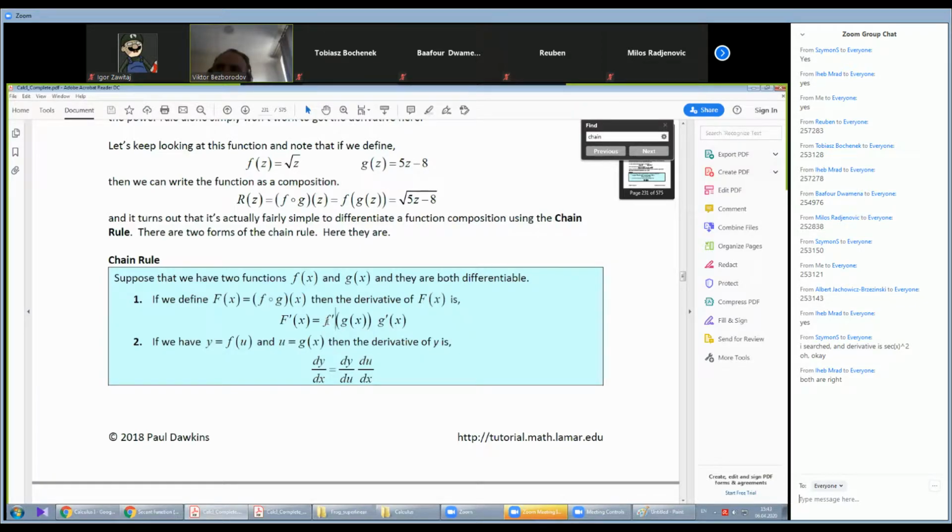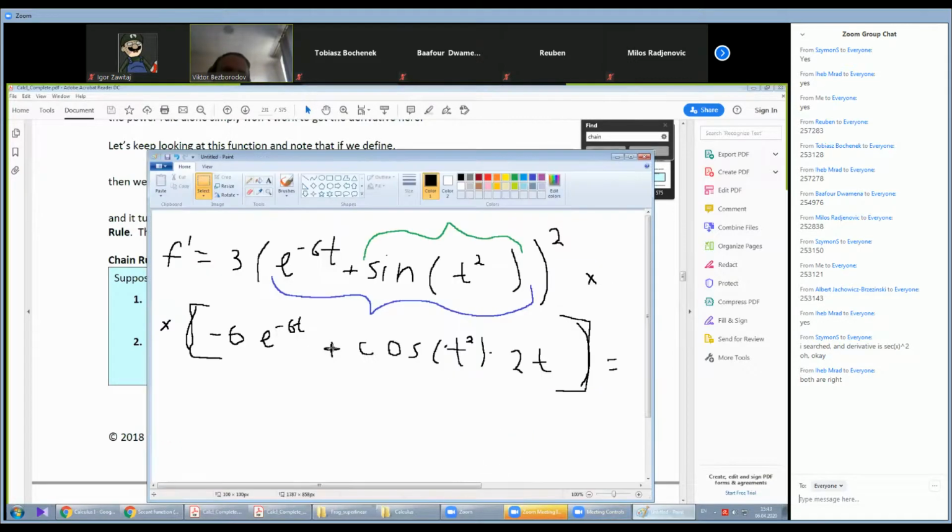So 3 appears just because if you take the derivative of x cubed, it's 3x squared. Yeah, okay. Right? Okay, and then 3 appears there. Okay. So do you have some other questions? Okay, good.